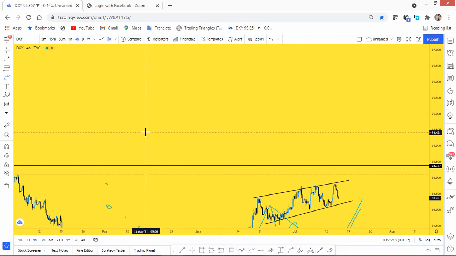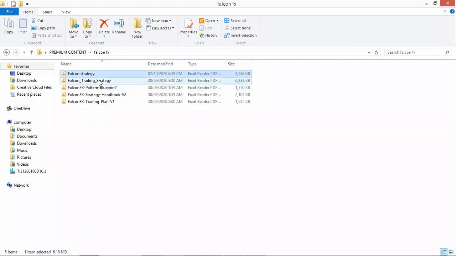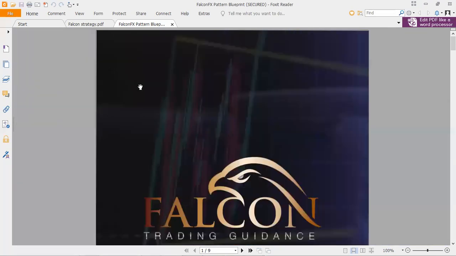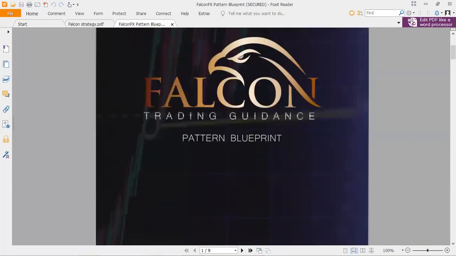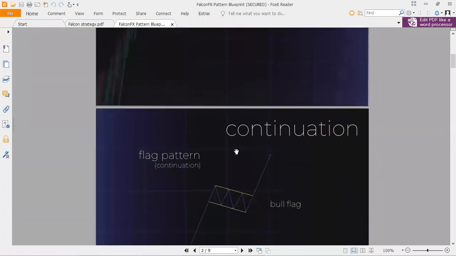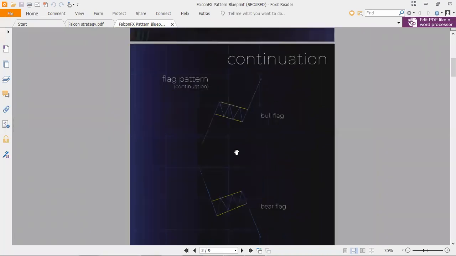So it is very important to know these patterns. It's very important to know these strategies. You don't need to know their names, but you do need to know how they look and how they work.